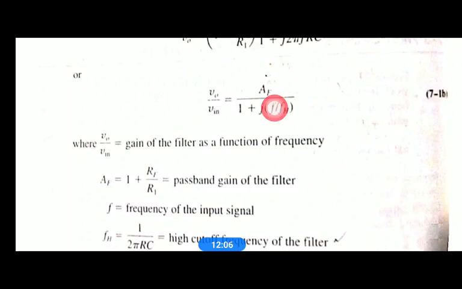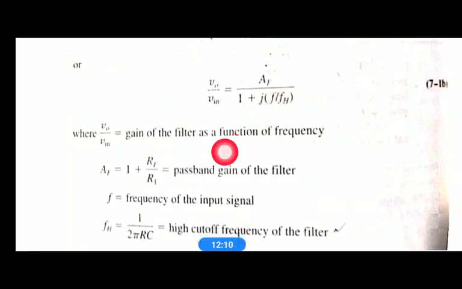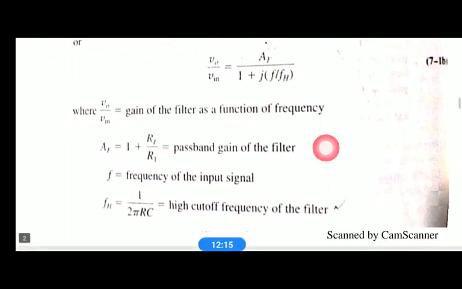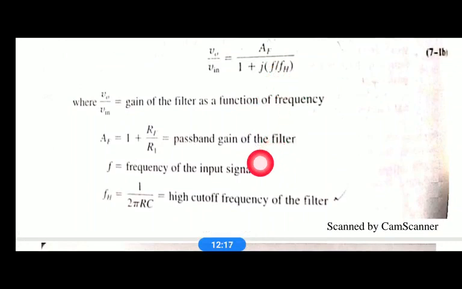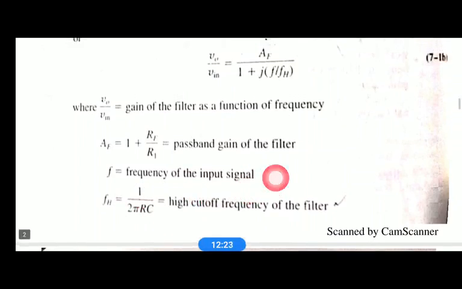So you can see here Vo by Vin is the gain of the filter as a function of frequency. It is a function of frequency f and fH, where fH is the high cutoff frequency of the filter, and f is the frequency of the input signal, the applied frequency.